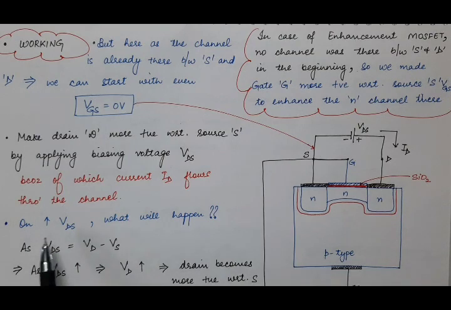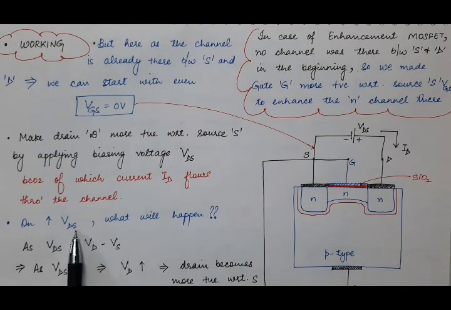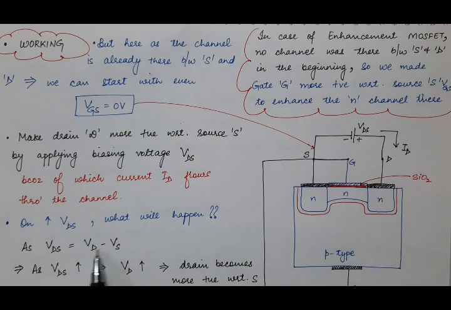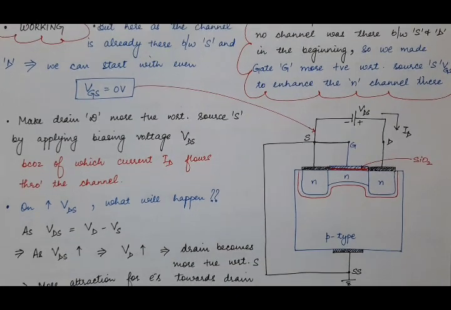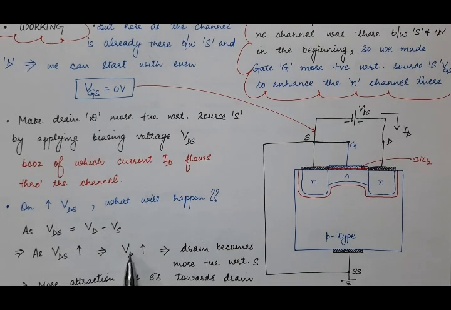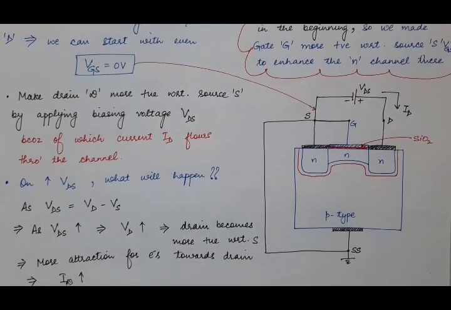So here you can see that when we increase VDS, what is VDS? It is the potential difference between the drain and the source. So on increasing VDS, the difference between these two is increasing. It means VD is increasing, and the drain terminal is becoming more positive with respect to source.